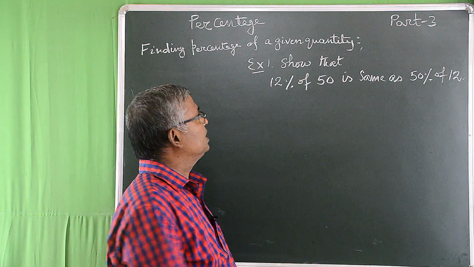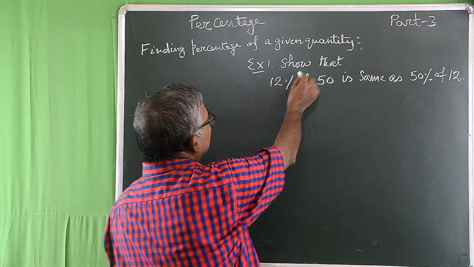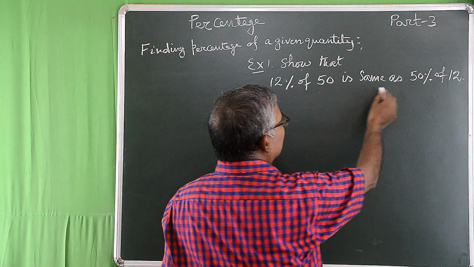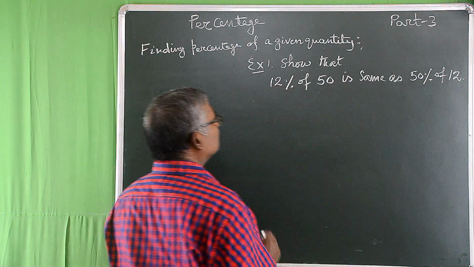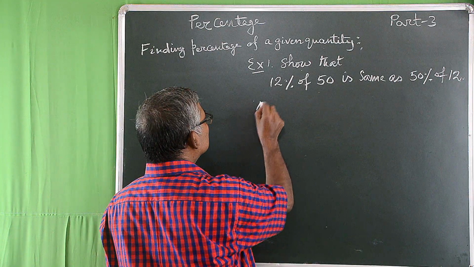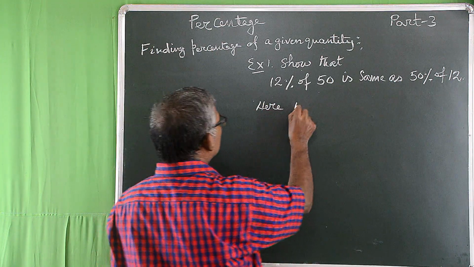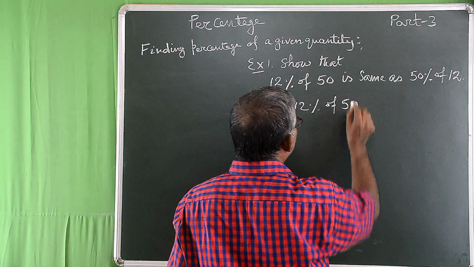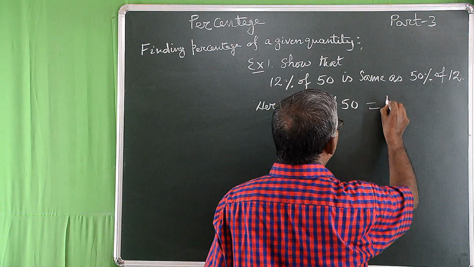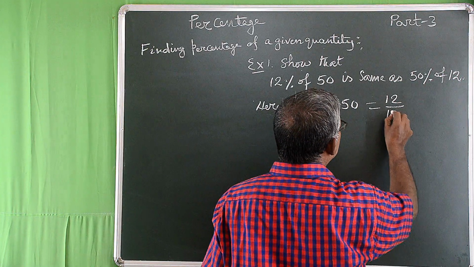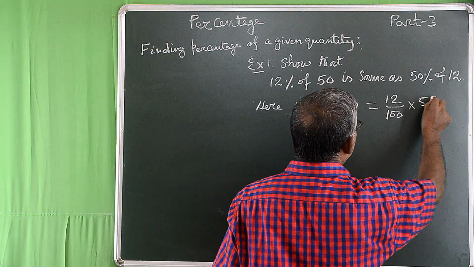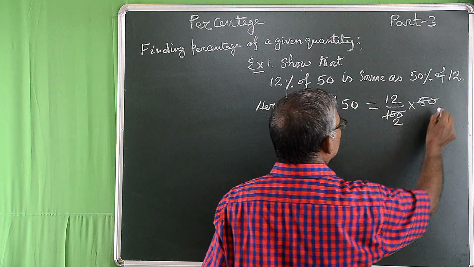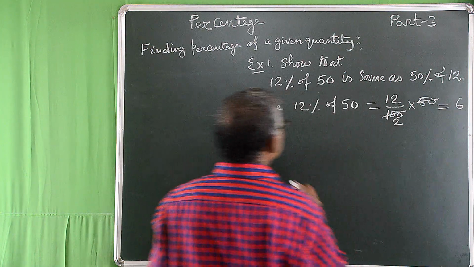Students, let us consider an example so that 12% of 50 is the same as 50% of 12. Here 12% of 50 equals 12 by 100 into 50, that is 6.